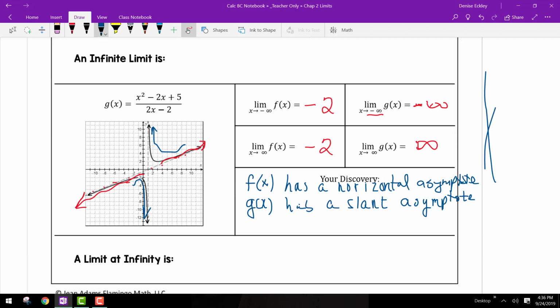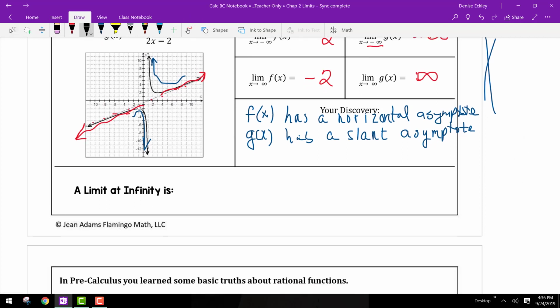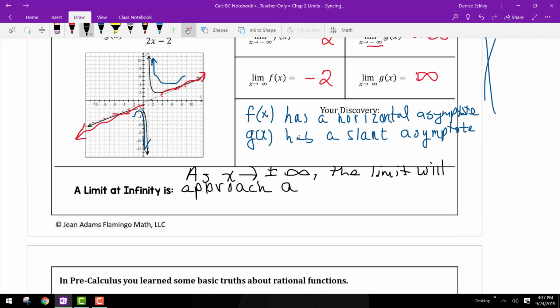So a limit at infinity is, as x approaches positive or negative infinity, the limit will approach a horizontal asymptote.